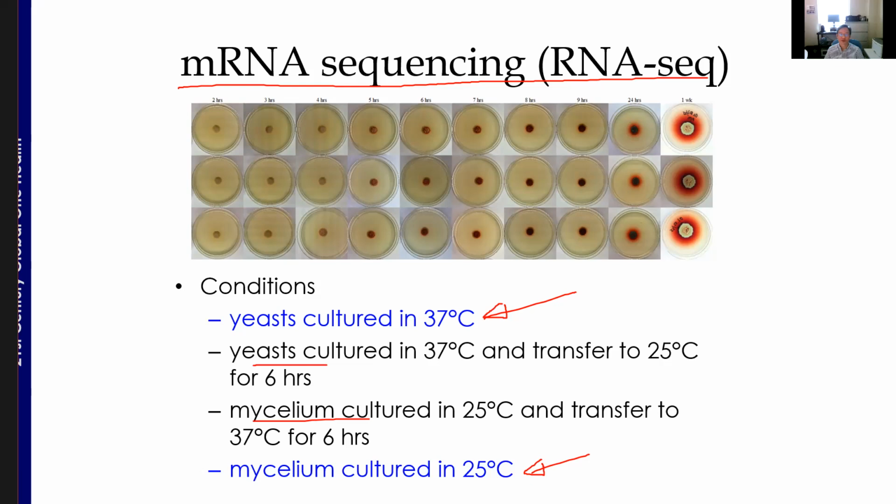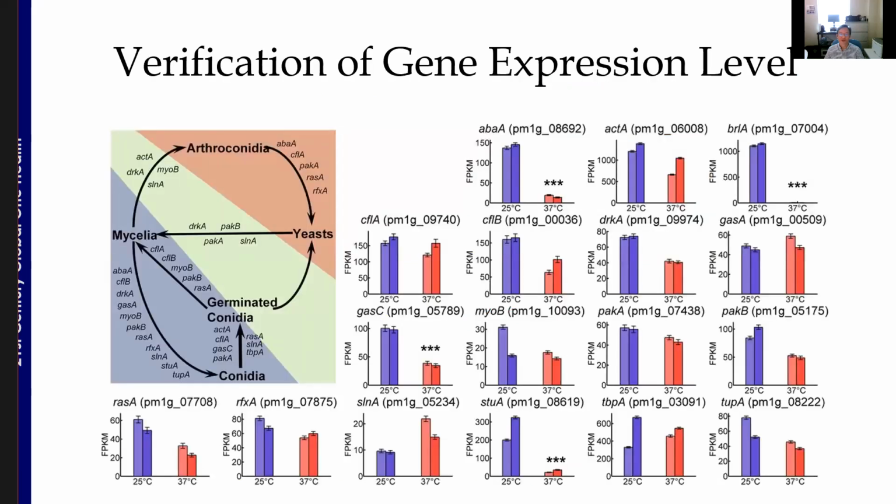So we have 4 samples. We start with the 2 samples to compare cells grown at 25 degrees C against 37 degrees C, to see whether there are changes in the gene expression level. For example, this gene ABAA is downregulated at high temperature.